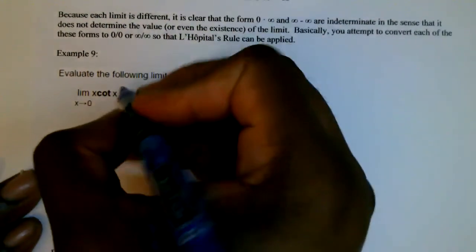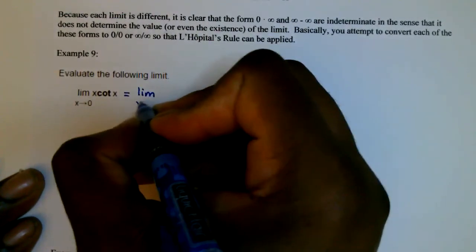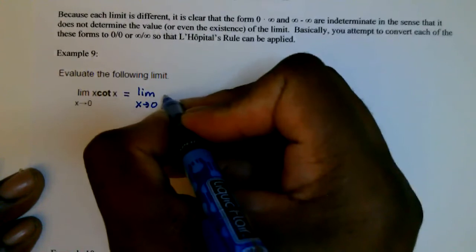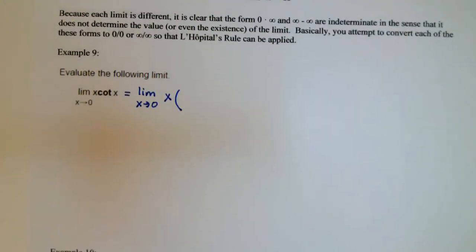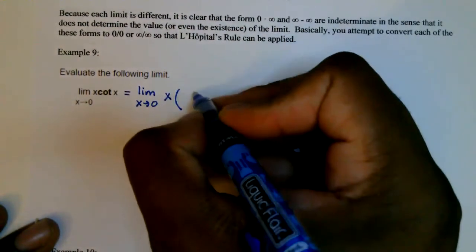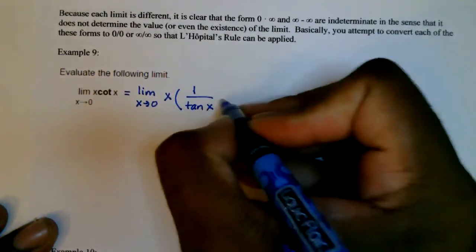All right, I know one of the identities here. Let me bring up the limit as x approaches 0 of x times the cotangent of x. I know the reciprocal identity: the cotangent is always going to be 1 over the tangent. So I'm going to write cotangent of x as 1 over tangent of x.